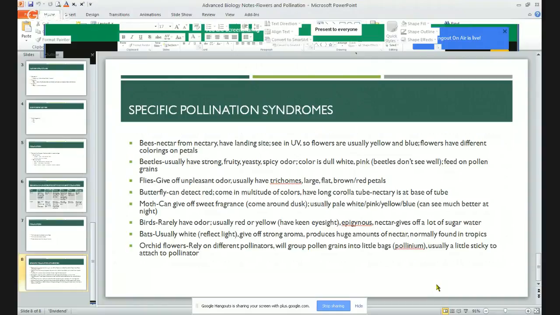Some of it is stuff that I've just gone over, but it will give you what the pollinator is and specifically what plants these pollinators pollinate. It will tell you a little more on the color, the shape, if they have a scent, and other information. I won't go over that. You can read all that.